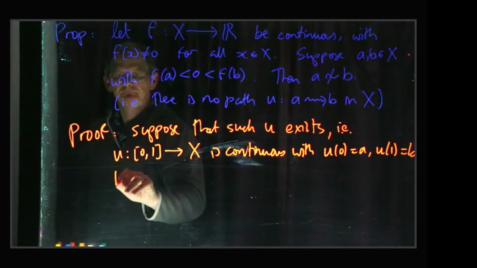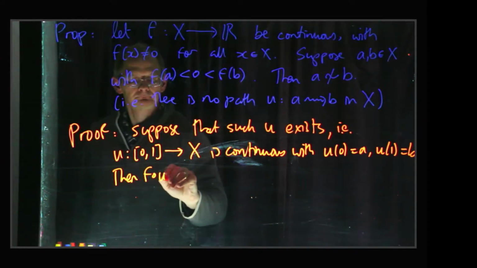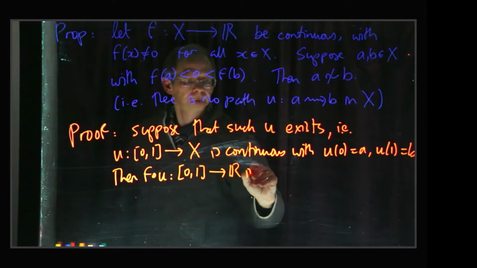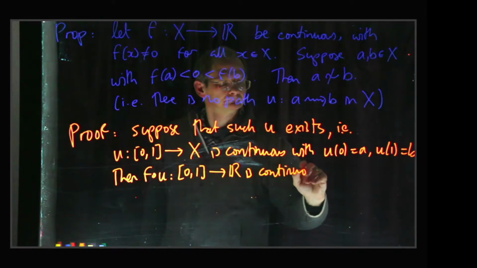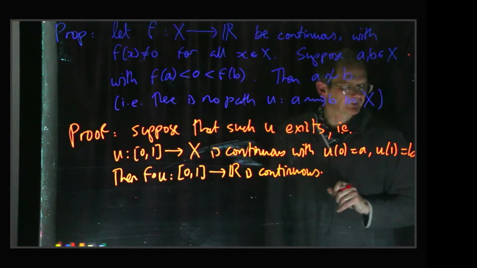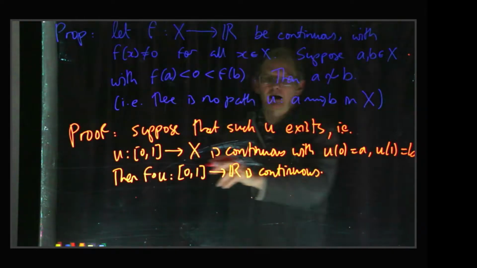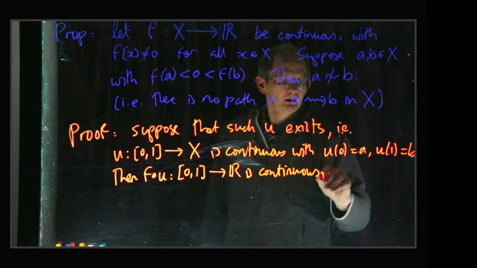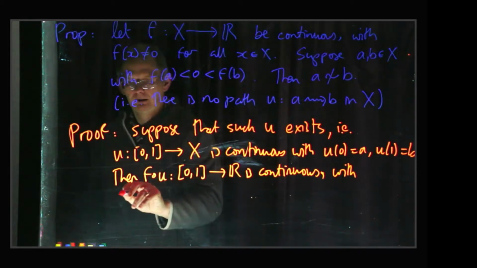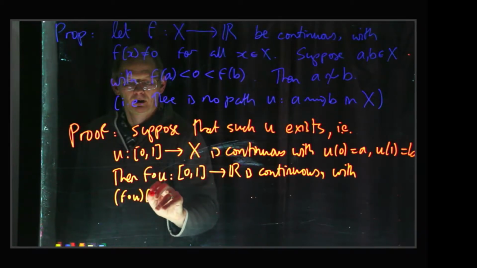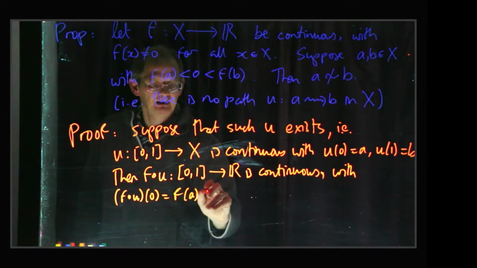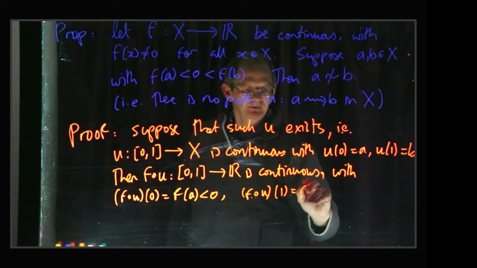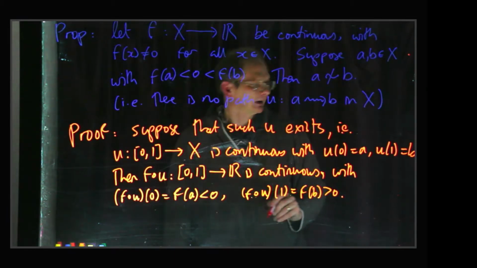Then because the composite of continuous maps is continuous, we see that f composed with u is giving us a continuous map from the unit interval to the reals. The value at 0, of course, is f of A less than 0, and f composed with u at 1, that's f of B greater than 0.